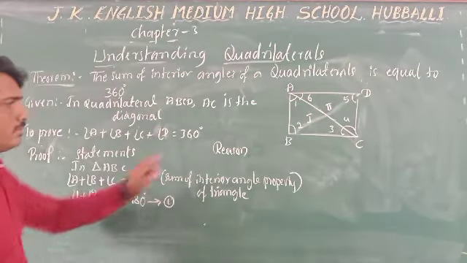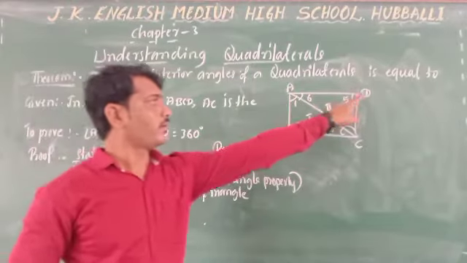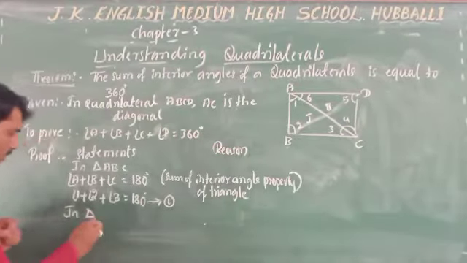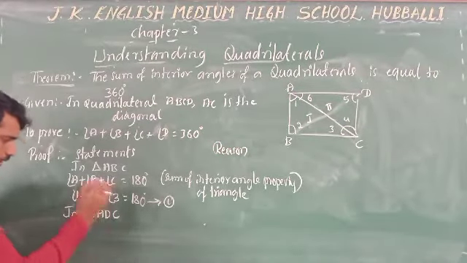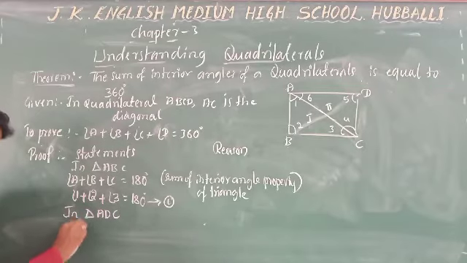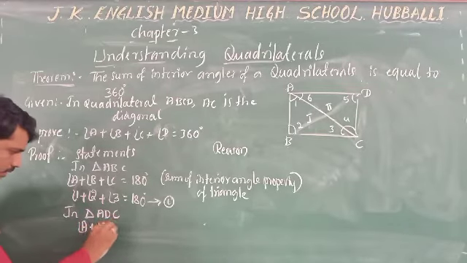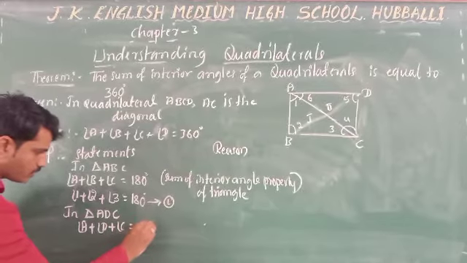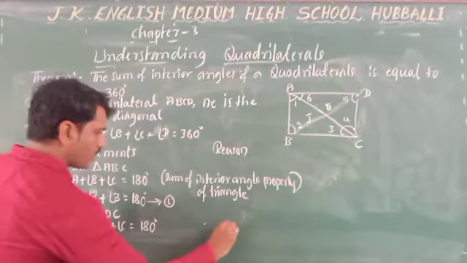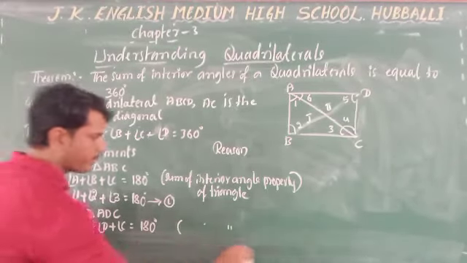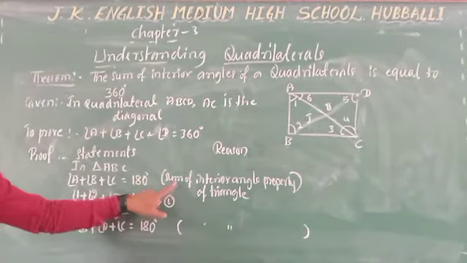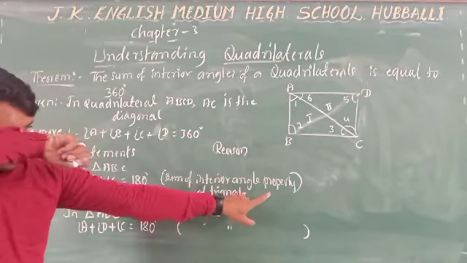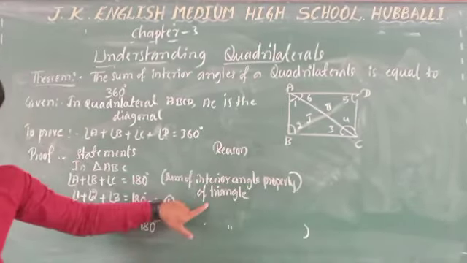In triangle, so what is the triangle? ADC. In triangle ADC, angle A plus angle D plus angle C is equal to 180 degrees. So the same reason will come. What is the reason? Sum of interior angles of triangle property.